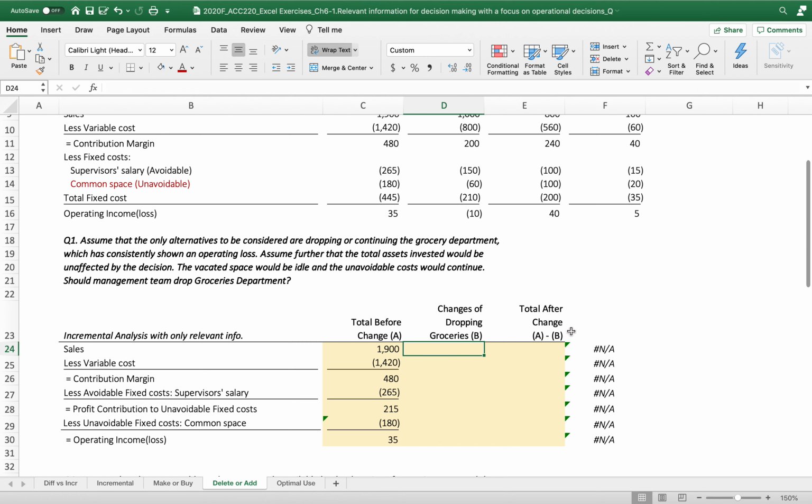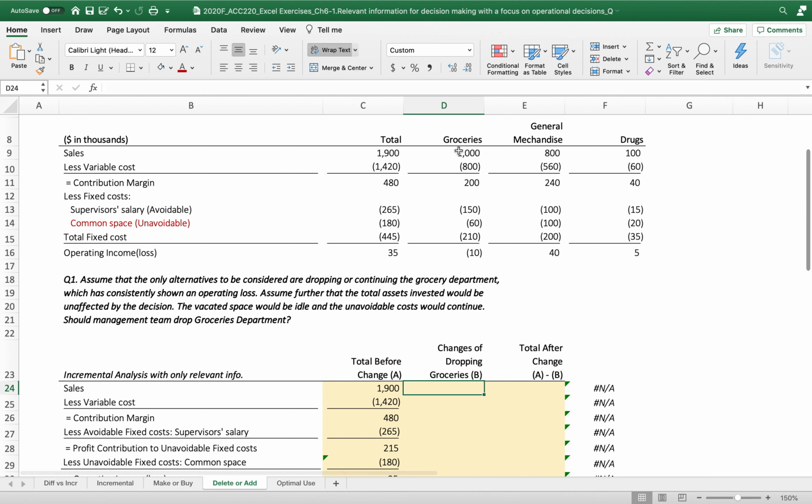we will calculate the total after change from the total before change minus the changes of dropping the groceries. So we will retrieve exactly the same amounts of the sales and the costs from this table, because we will calculate the A minus B column. The sales of $1,000 will be reduced if we drop the grocery department.